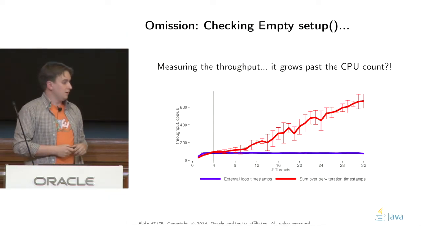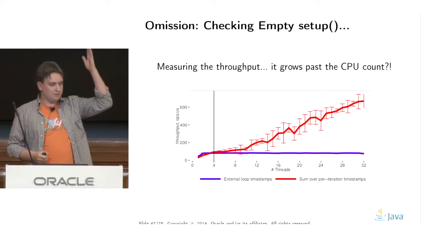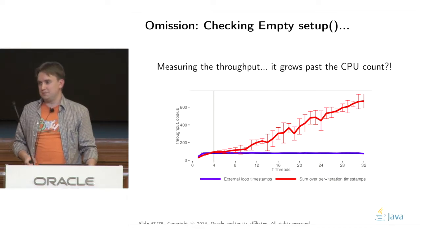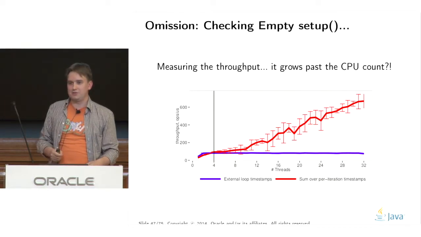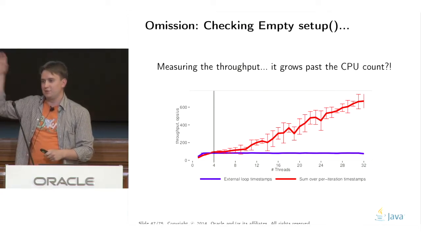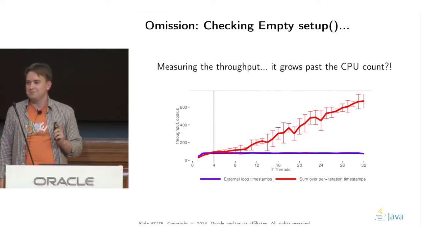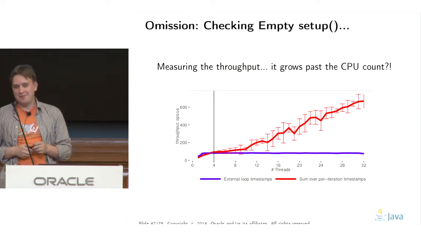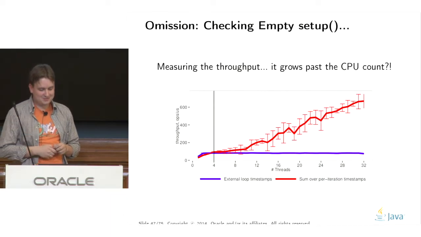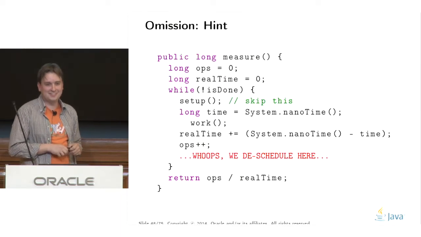And the black line there is the number of CPUs on my system. And this is throughput. So we measure it past the system capacity, and throughput just grows and grows and grows. Why? Hint, hint.